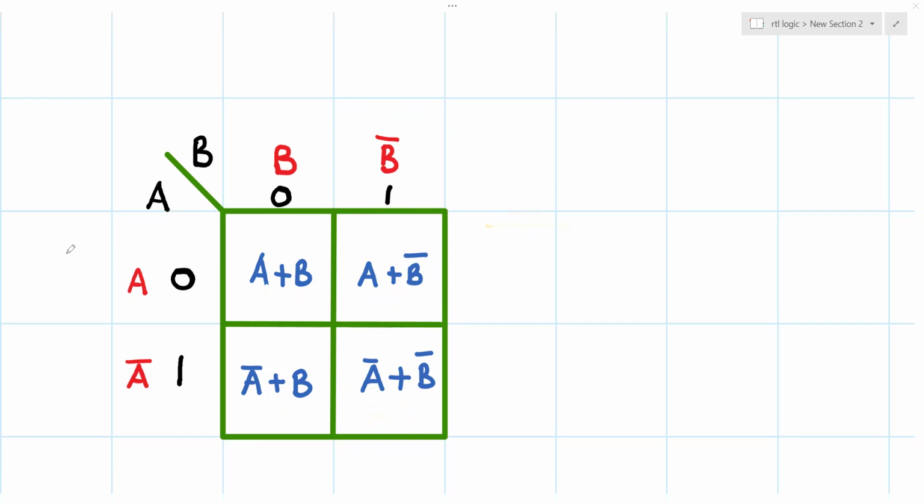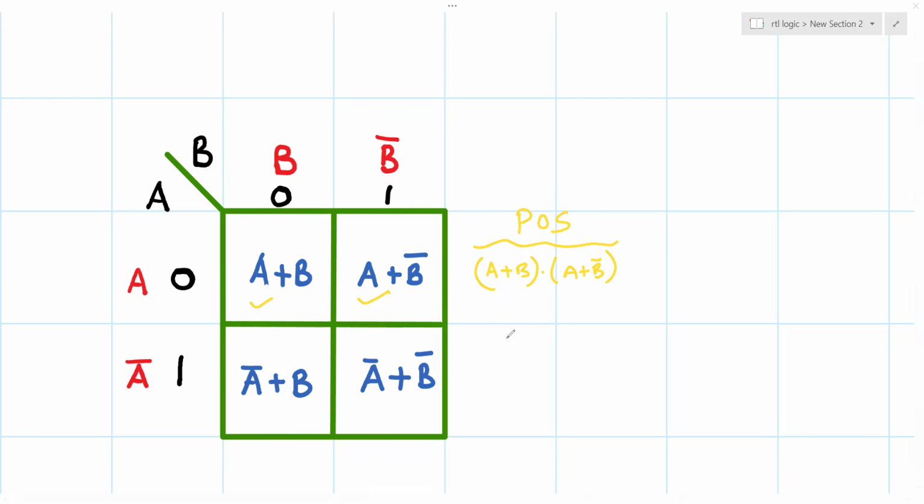So for example, let's say you want to write the terms in these two cells, you will write A or B and A or B bar. So you can see this is called POS, that is product of sum.